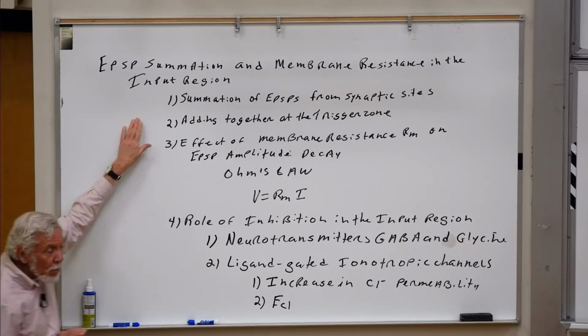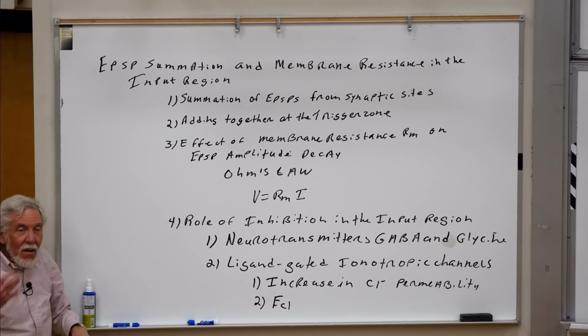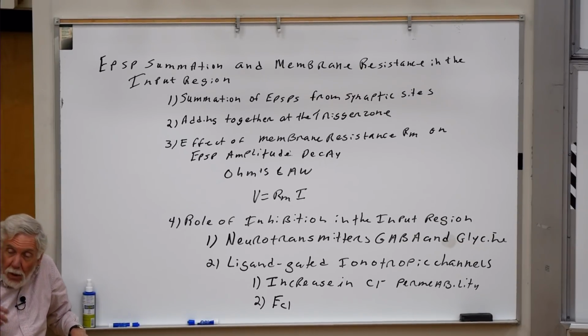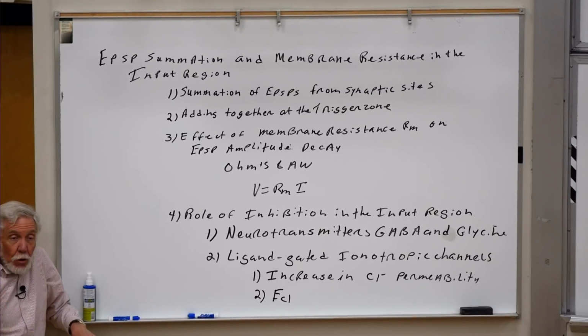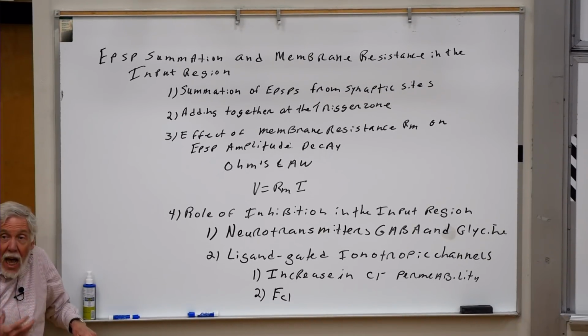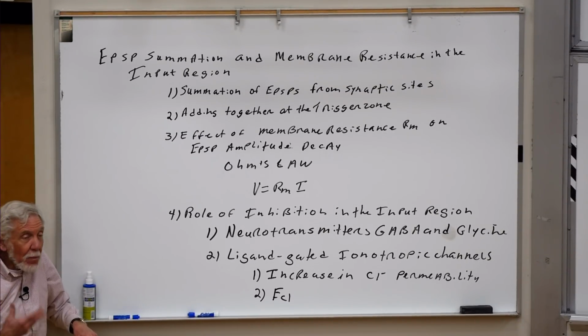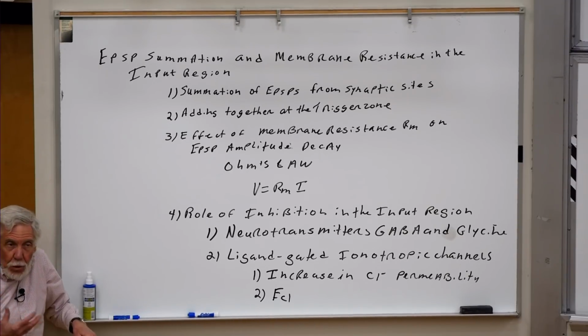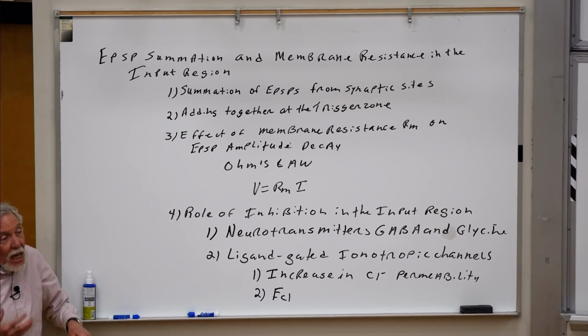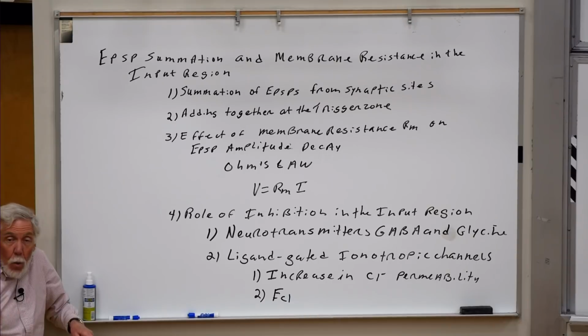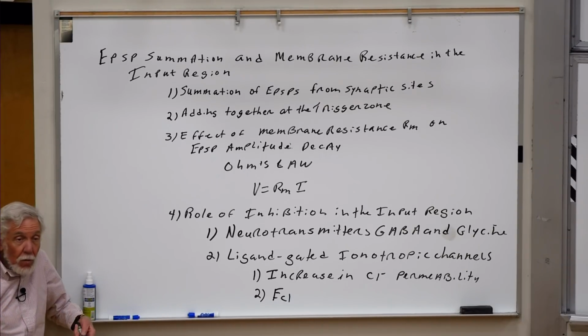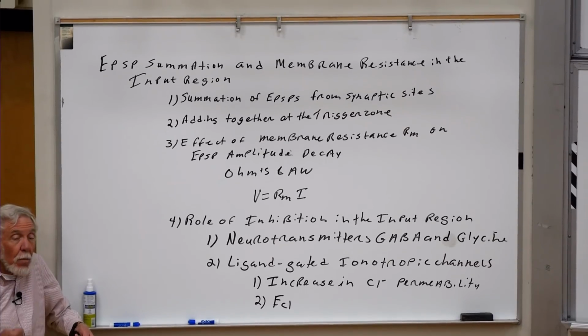What we did last time is we laid out how neurotransmitter was being released. We laid out how neurotransmitter released at a presynaptic element would then bind to receptors on the postsynaptic side. Last time we emphasized the opening of ligand-gated ionotropic channels, those that were responsive in the central nervous system primarily to glutamate.